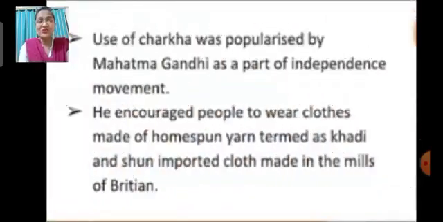Do you know about the charkha, children? If you recall the charkha, what comes to your mind? Mahatma Gandhi. Yes, the use of the charkha was popularized by Mahatma Gandhi as a part of the independence movement. He encouraged people to wear clothes made of homespun yarn, termed khadi, and shun imported clothes made in the mills of Britain.